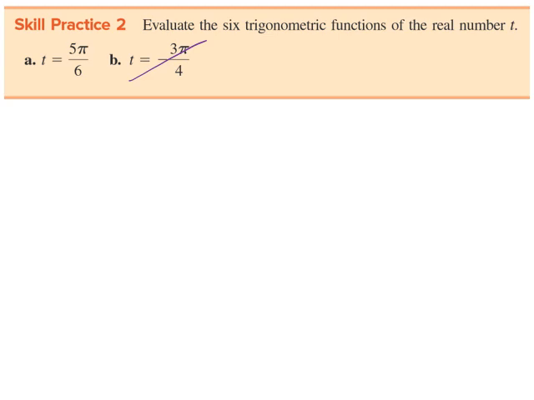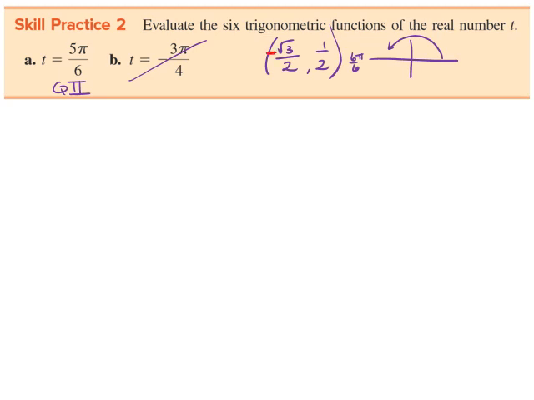Pi over 6 has this corresponding ordered pair. 5 pi over 6 is not quite 6 pi over 6. So we know that this is in quadrant 2. And in quadrant 2, x is negative, y is positive.